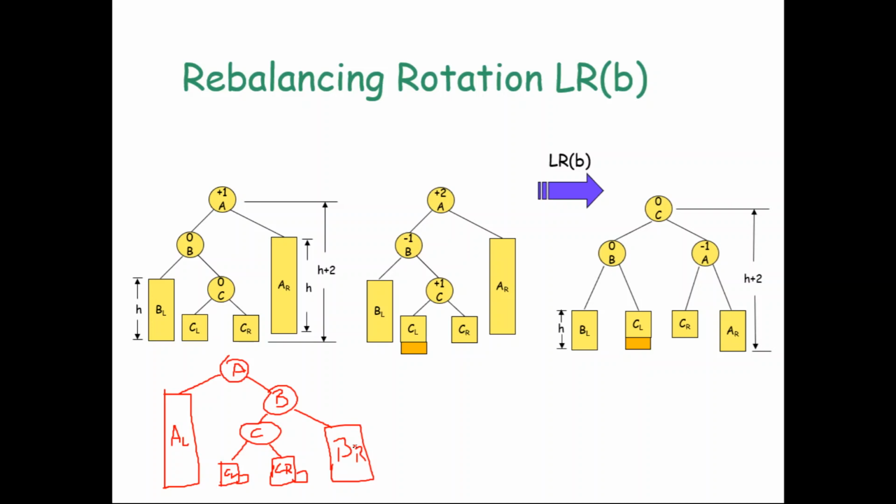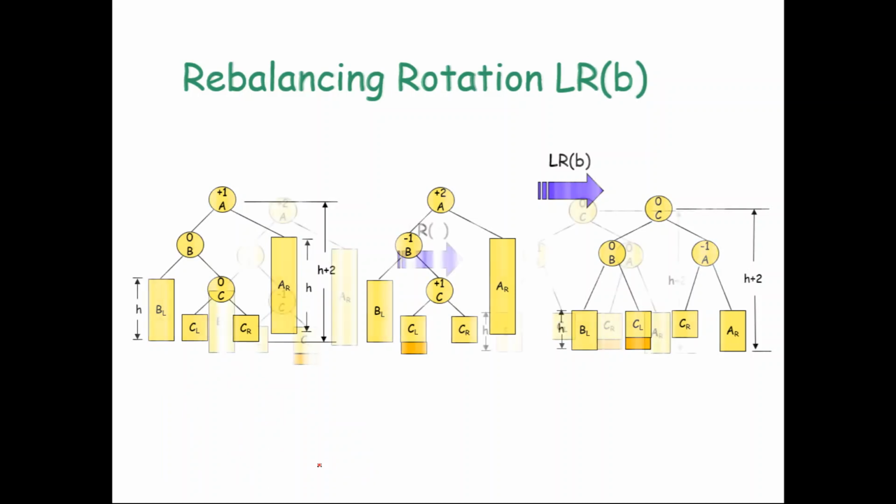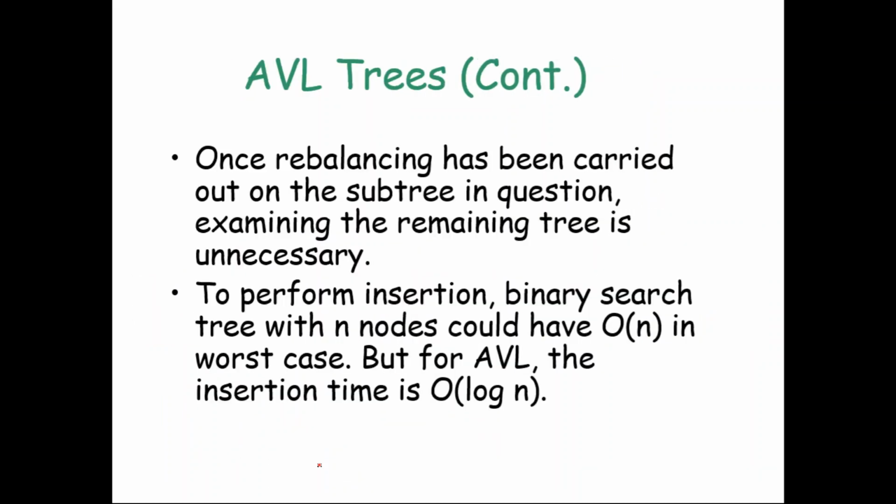Again, B will go down and CR will become the left of B. So you have to work that out, just figure out how it happens.